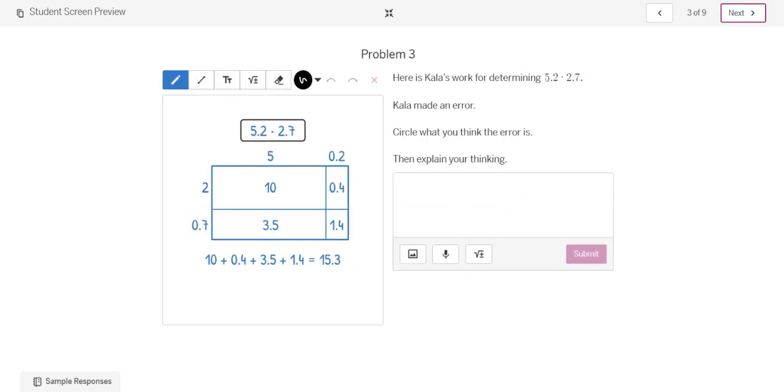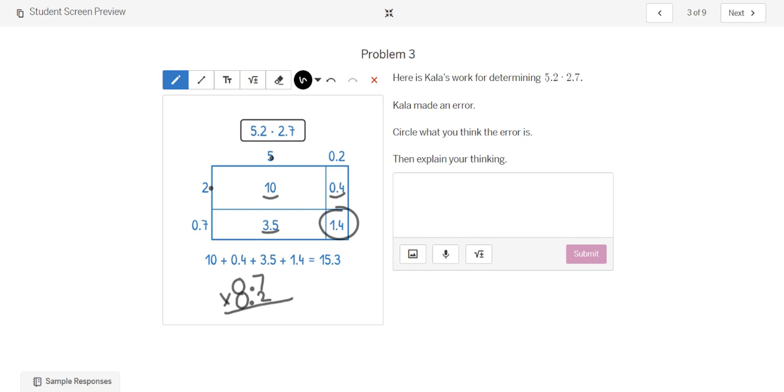What did they do wrong here? 5 times 2 is definitely 10. 5 times 0.7, 5 and 7 tenths, is 35 tenths, or 3 and 5 tenths. That works. 2 times 2 tenths is 4 tenths. Oh, it's this one right here. Oops. You've got 0.7 times 0.2.